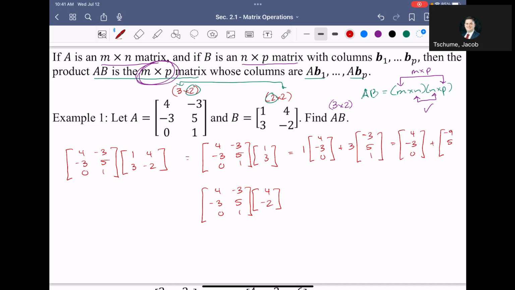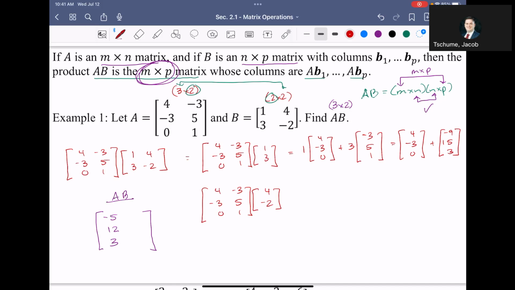Oops, sorry, -3, 5, 0, 1 times 1 didn't go through. Then down here at the bottom left for y'all, I'm going to take each of these columns I found and write them in my final answer. So I have just determined that my first column, if I add these together now, 4 plus -9 is -5, -3 plus 15 is 12, and 0 plus 3 is 3. That will be the first column of my matrix A times B.